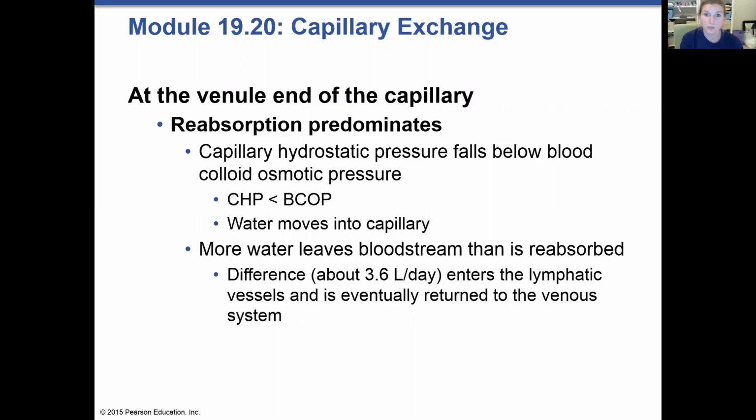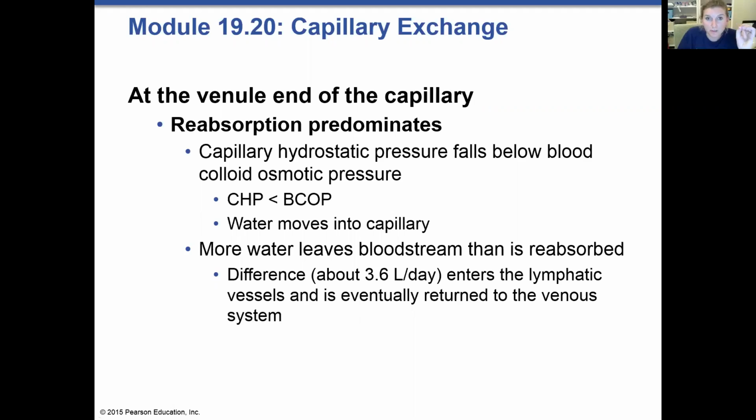More water leaves the bloodstream than is reabsorbed, though. So overall, there is this difference of about 3.6 liters per day that is stuck in our interstitial fluid and doesn't enter our blood, right? So think back at that picture we just drew. I had filtration at the beginning of our capillary bed, reabsorption at the end of our capillary bed.